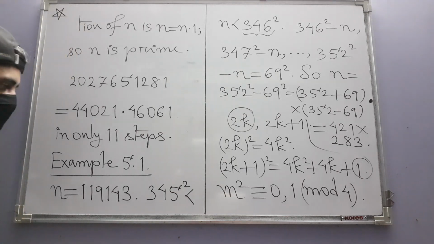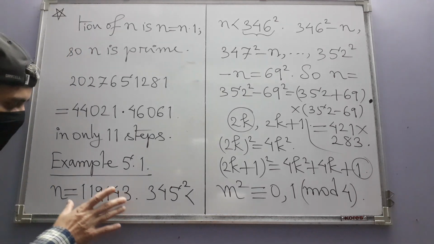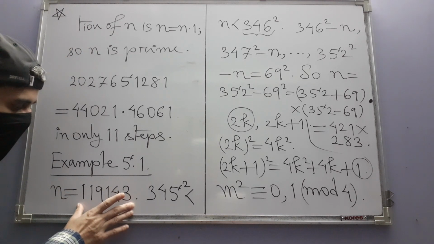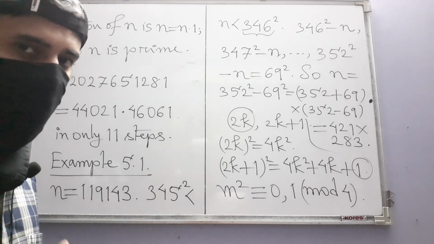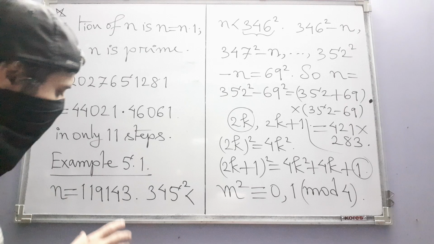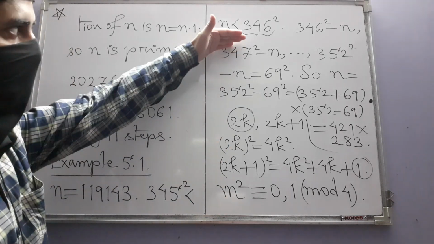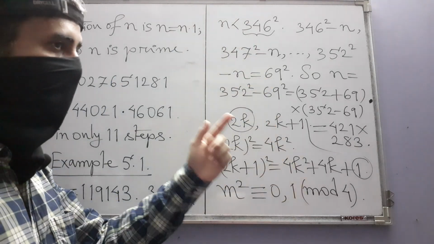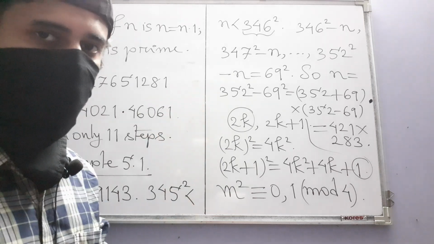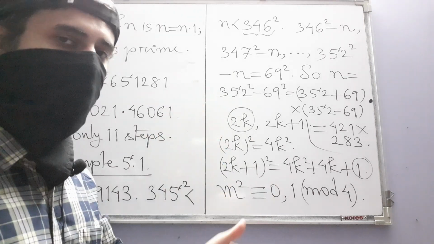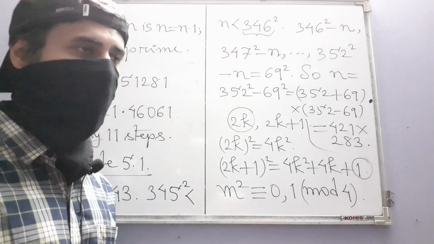However, let me make one more remark about this. You obviously will want to know whether a large number is factorizable in a non-trivial way, in other words, whether it is composite or not. If it is not, then you will have to go all the way up to n plus 1 divided by 2 as your x value. You will start with k, then k plus 1, k plus 2, and so on, all the way to n plus 1 divided by 2.